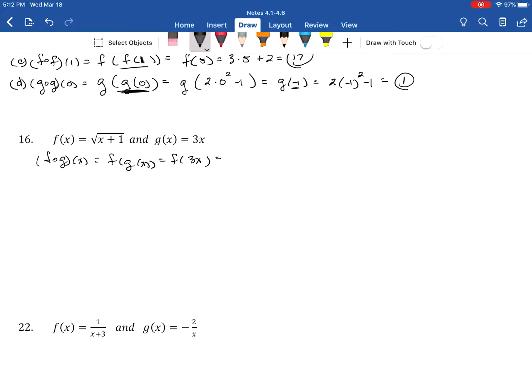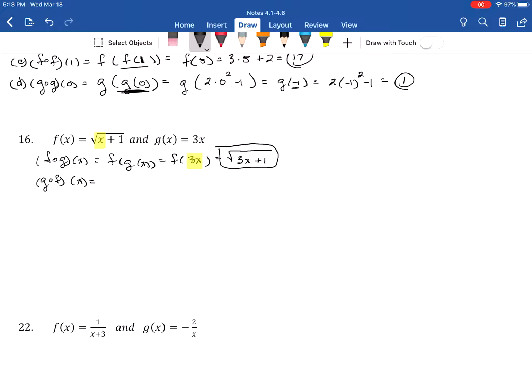Now, for this example, the quantity 3x will be put into function f in place of the variable x. And that's it. Now we're going to go the other way.